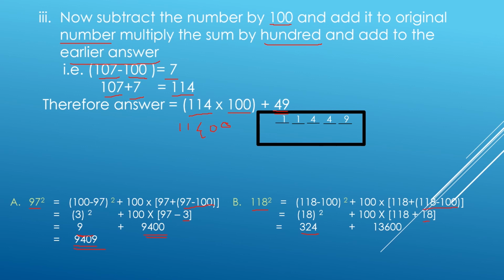Here we get 18 and the sign is positive. Therefore, we add 18 to 118 to get 136, which on multiplying by 100 will give 13,600. We add 324 from our earlier step to get the answer of 13,924 as 118 squared.